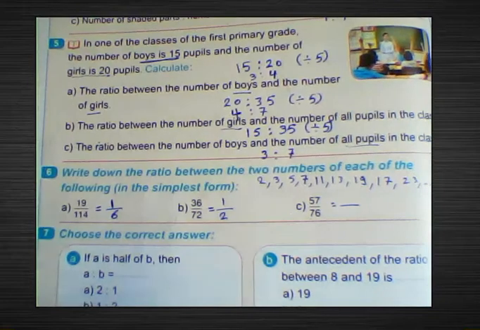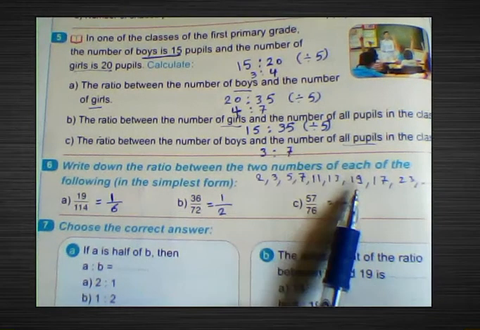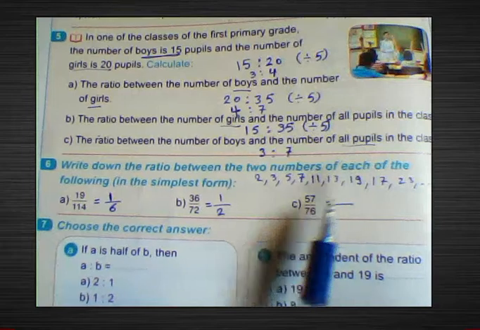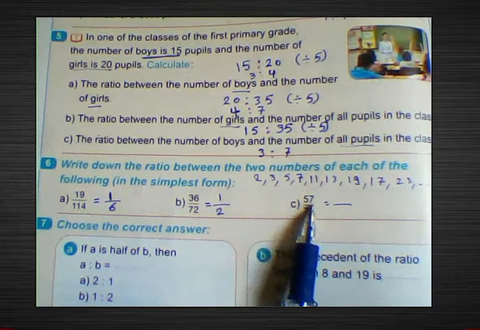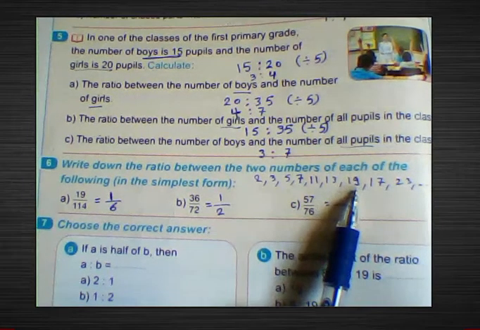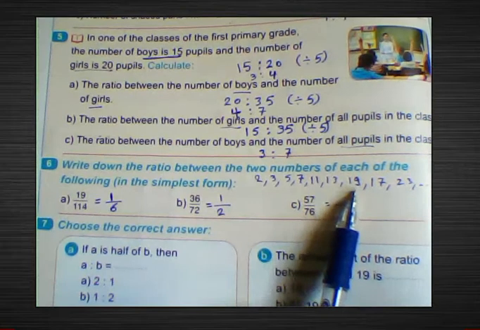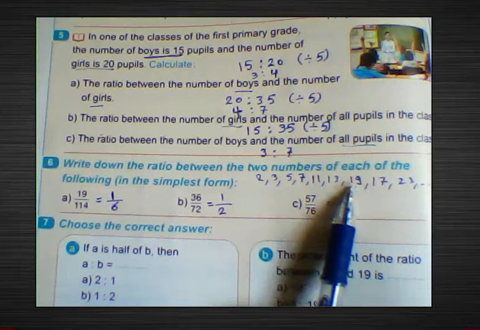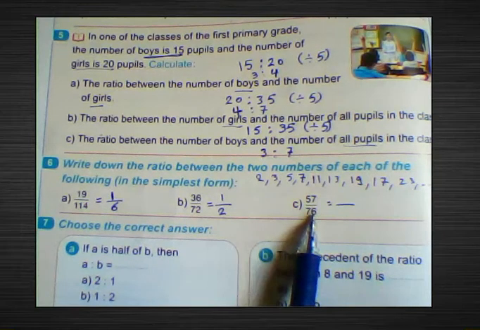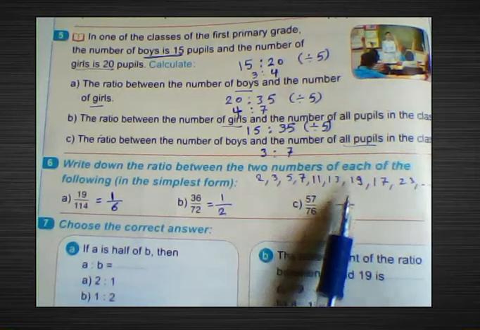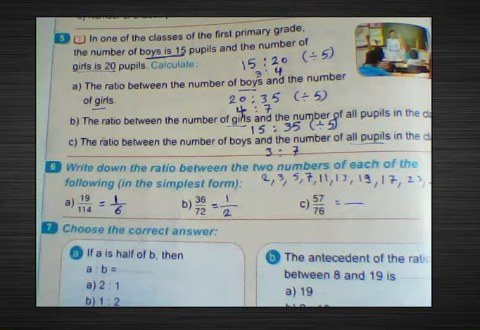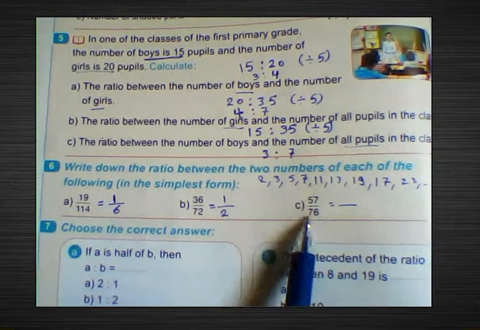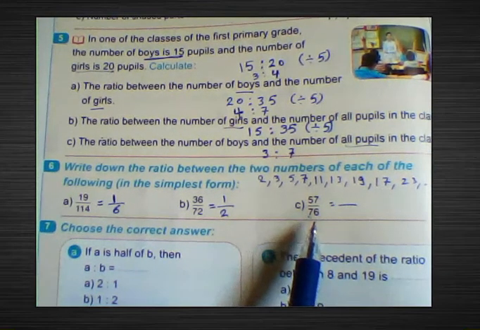Look at 19. 19 times what equals 57? 19 times 3 equals 57. And 19 times what equals 76? 19 times 4 equals 76.